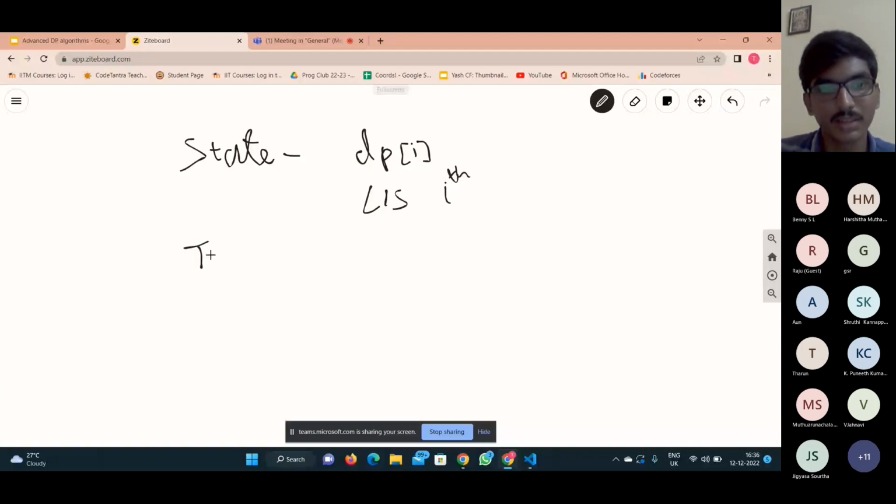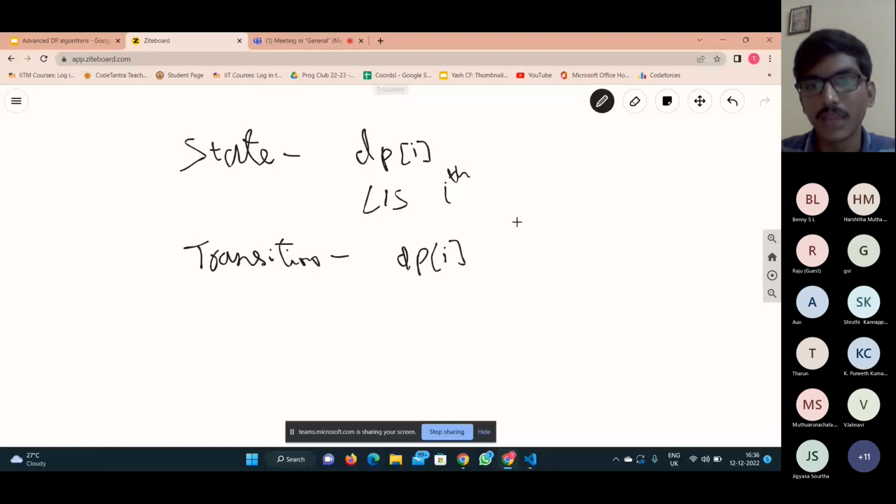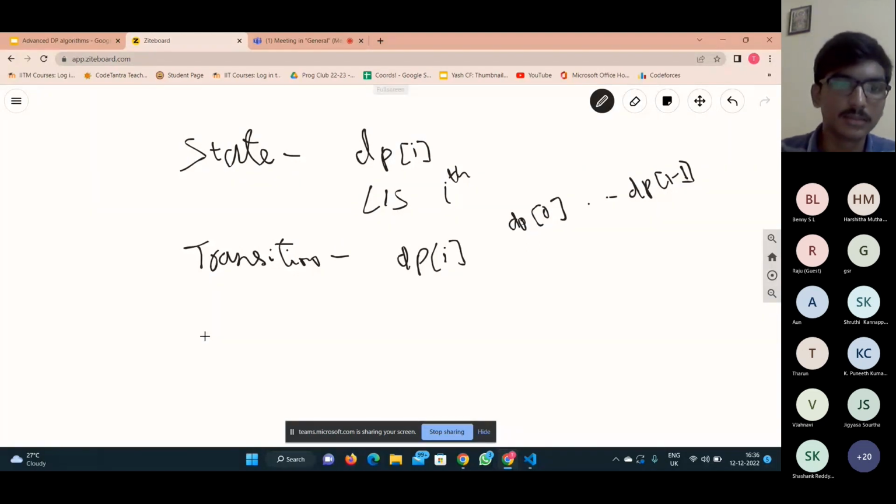Then we need to have the transition. Transition is how you find DP of i with the values you already know. The values can be anything from DP of 0 to DP of i minus 1. With previously calculated values, how do you find the value of DP of i? This is the logic part. And then the base case.